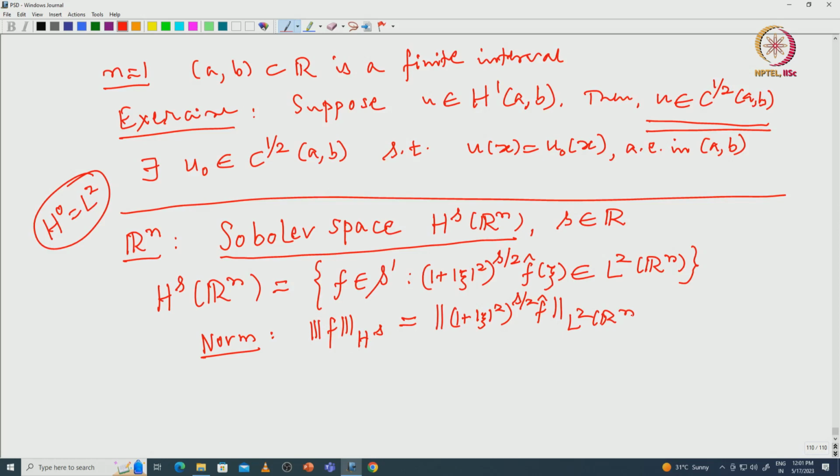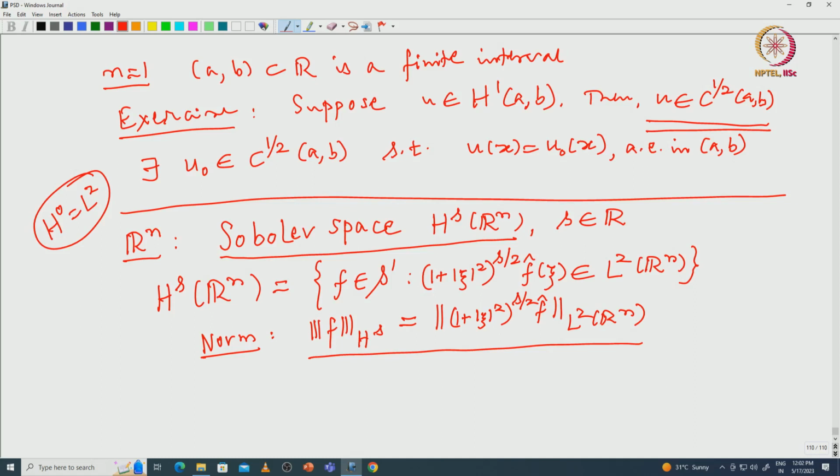Yeah, that is fine. You can verify this is, in fact, a Hilbert space. You use the L2 inner product for these things. So, everything is fine.